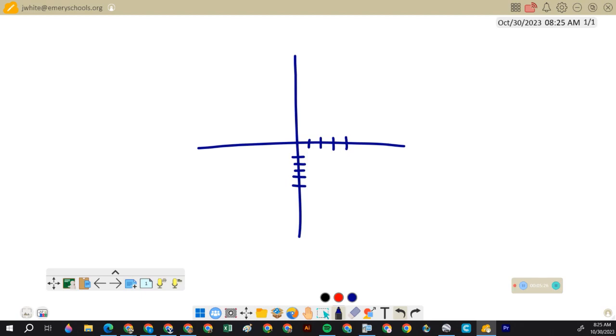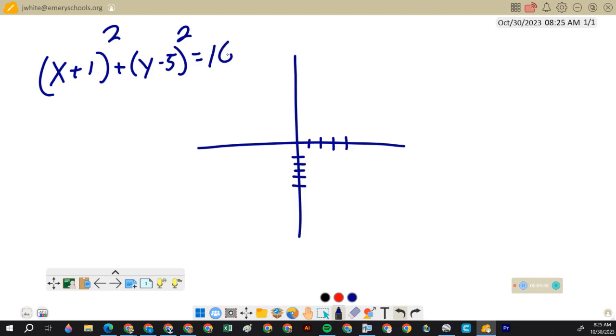All right. What if I had this equation? Where does that circle have its center? So the center is negative 1, 5. Does everybody understand why? It's the opposite of 1, and it's the opposite of negative 5.